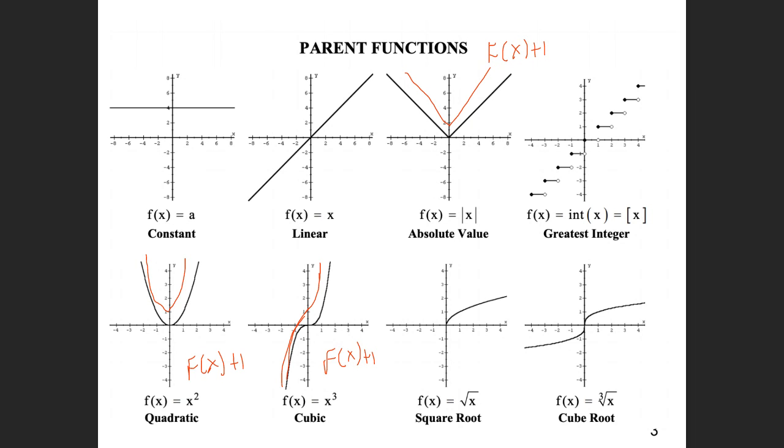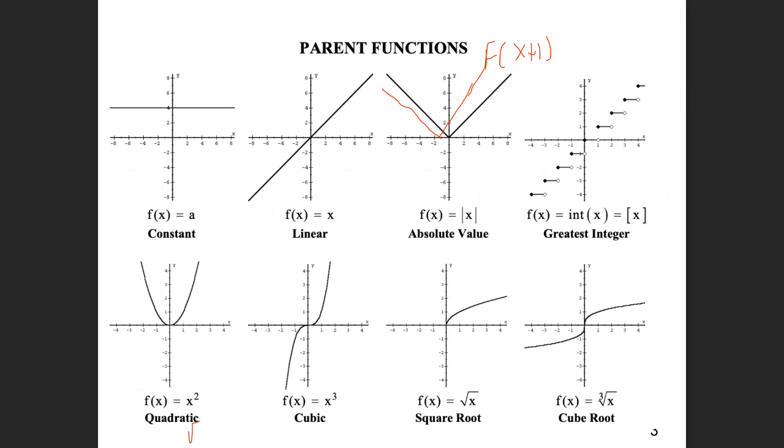Now, if we put the number inside the parentheses, so if I asked you to graph something like f of x plus 1, well, that plus 1 is going to shift the graph left and right. If it's a plus, it's going to shift it to the left one unit. So my graph would look exactly the same, except shifted one over.